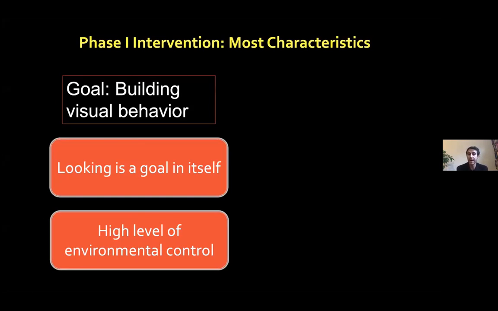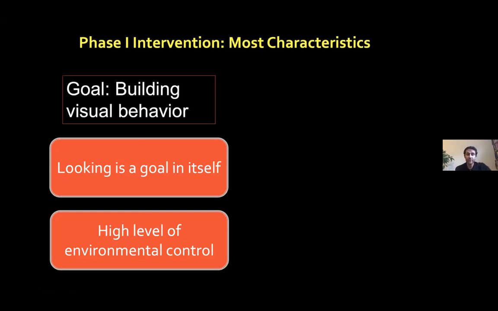We're just trying to get practice using vision. For children in phase 1, looking is a goal in itself. Children in phase 1 cannot look and do at the same time. So phase 1 intervention often looks way less functional than intervention in other phases.